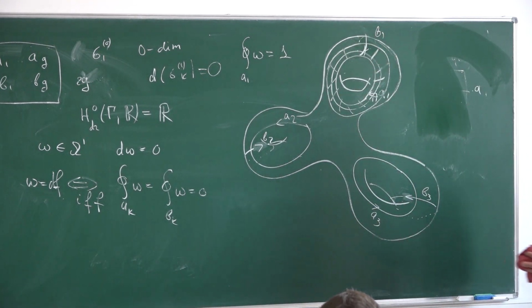You see. And we repeat the same procedure. You obtain a differential such that the integral over B1 is equal to 1. All other integrals are equal to 0. And they are all locally differentials of a function. Therefore, they are closed.